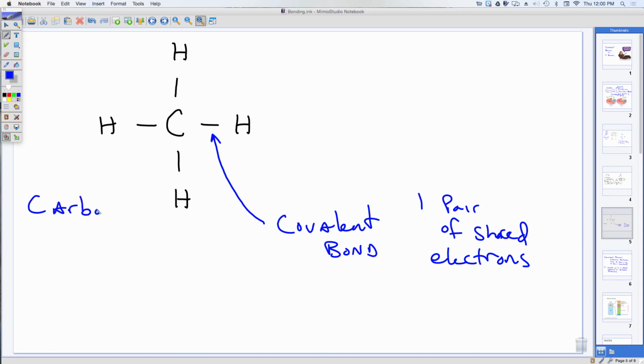And carbon is stable because all of its valence openings are filled, and each hydrogen is stable because all of its valence openings are filled. So that's it for covalent bonds. Part 2 will be hydrogen bonding, and you can click that one once it's up.